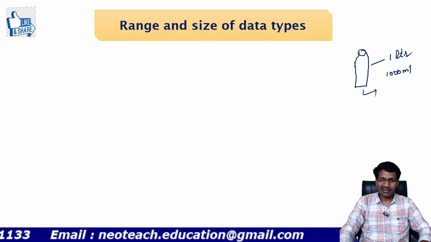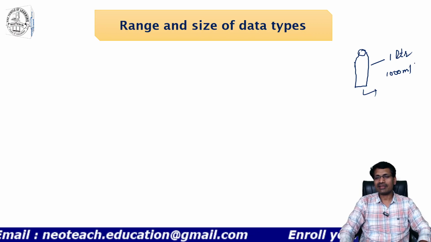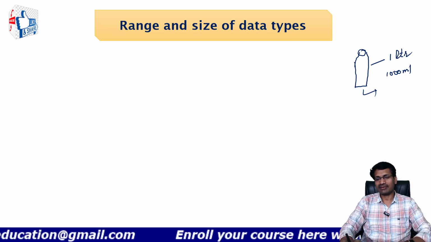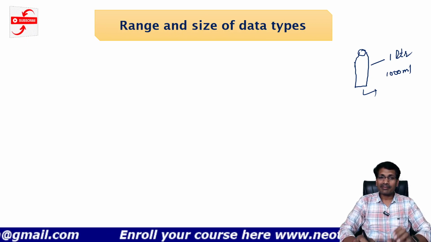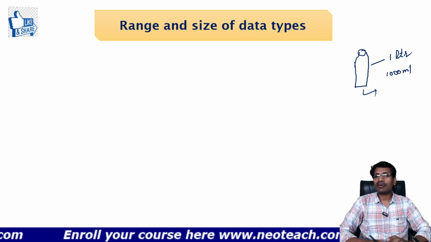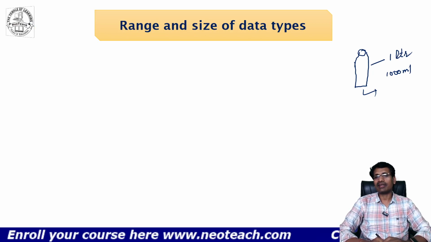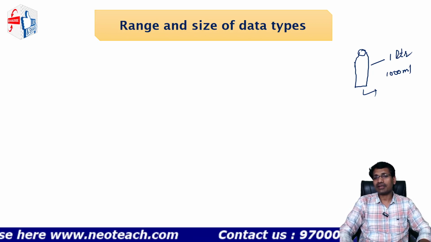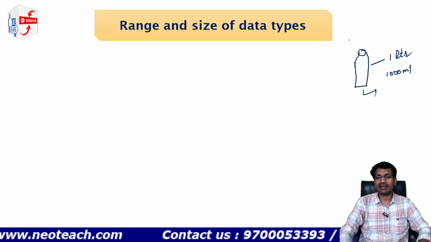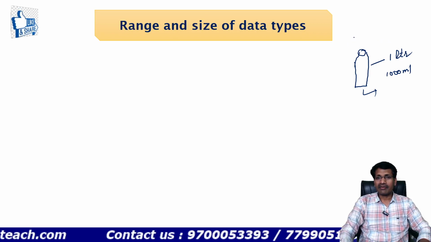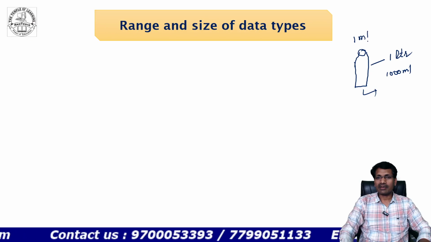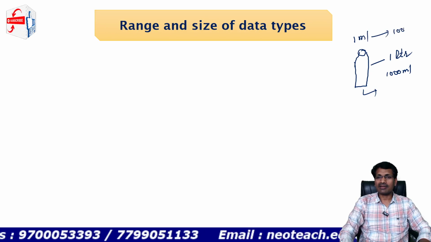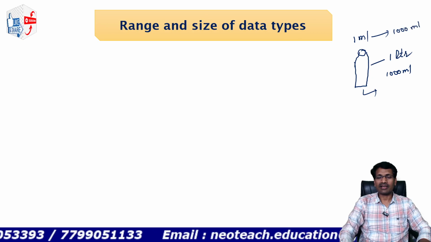The bottle also has a range. The range is the min value and max value: how little we can pour into that bottle, and what is the highest quantity we can pour into it. 1 ml of water I can pour into this bottle, and up to 1000 ml, not beyond that.